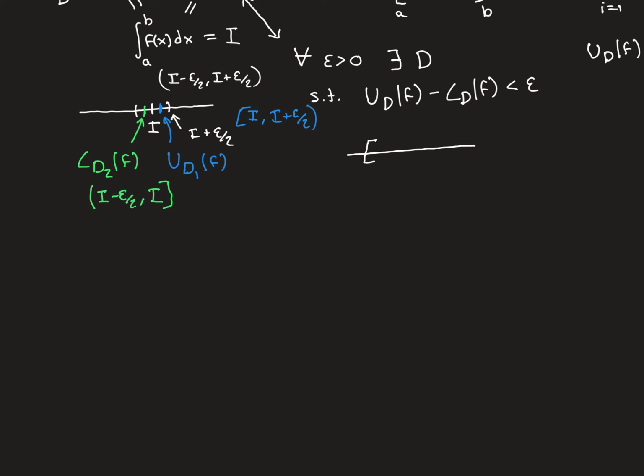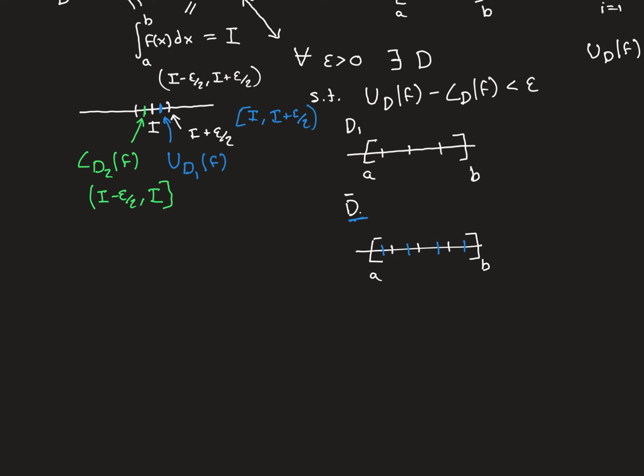So if we have our first dissection, let's say this is D1, and let's say we're cutting it up into those four pieces, then if you take a new dissection, which we'll call D bar, which is a refinement of that dissection D1. So it's got all the original cuts of D1, but then it's got more cuts, new cuts, which I'll mark in blue, so it's making more cuts.